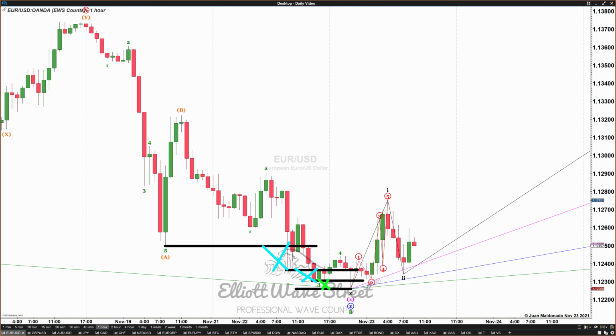We are seeing the price having trouble because the price is not breaking support, is not accelerating, right? The price is losing momentum.